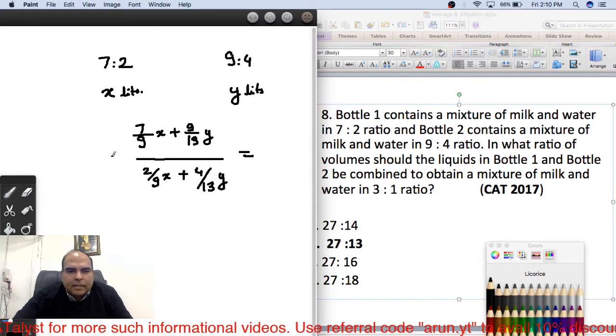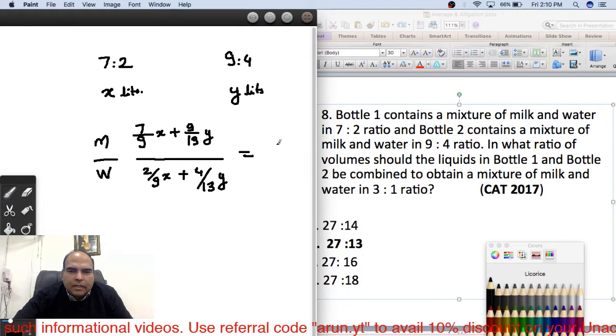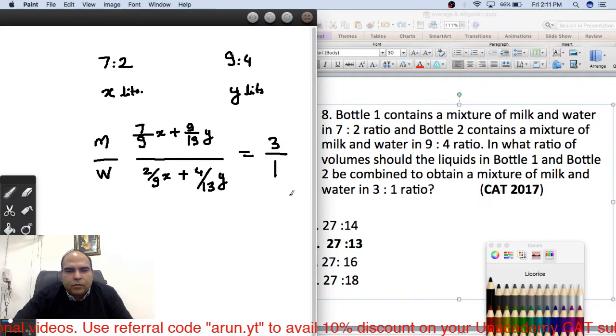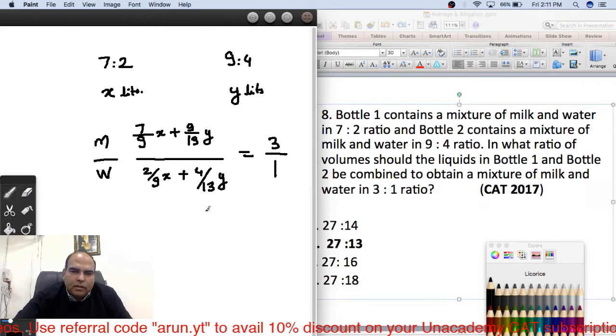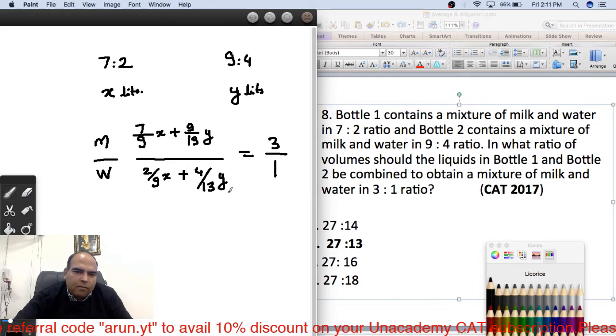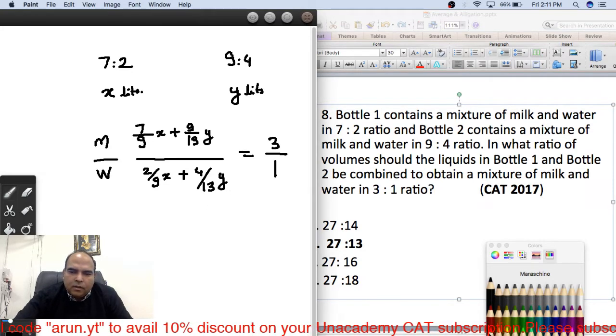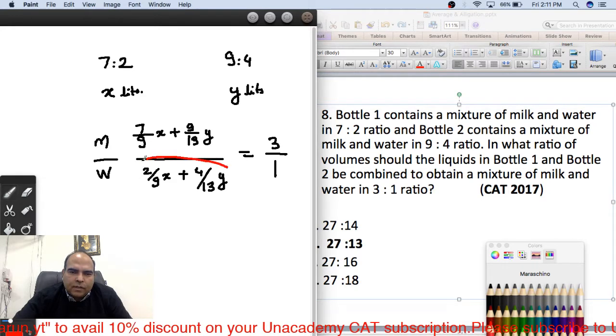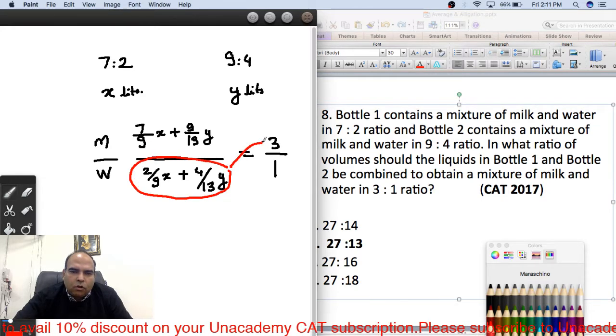Since this is the milk to water ratio, this has to be 3 by 1. So I can solve this to get x is to y by transposing the denominator of the left hand side onto that side.